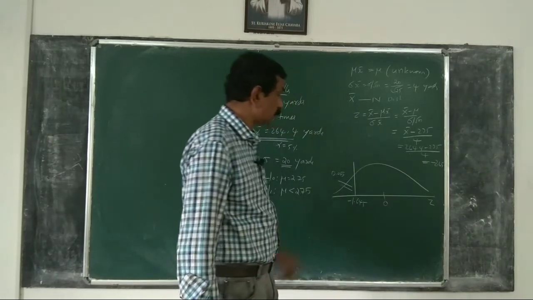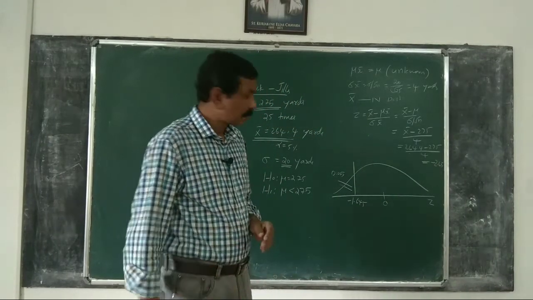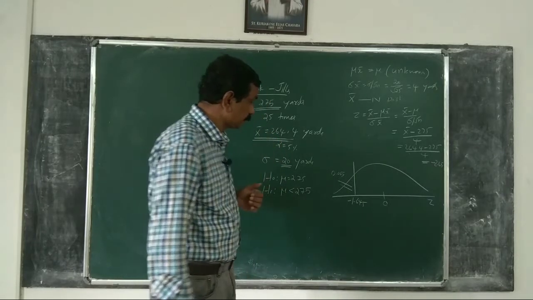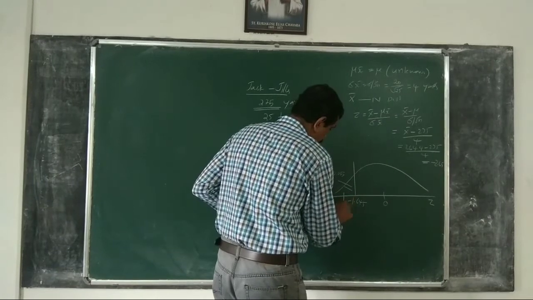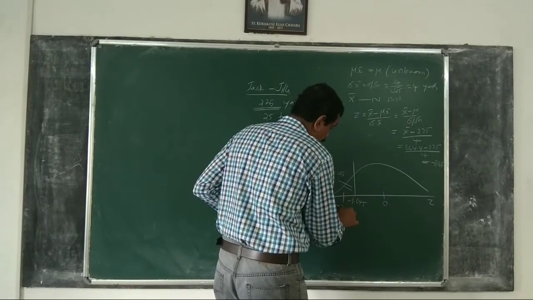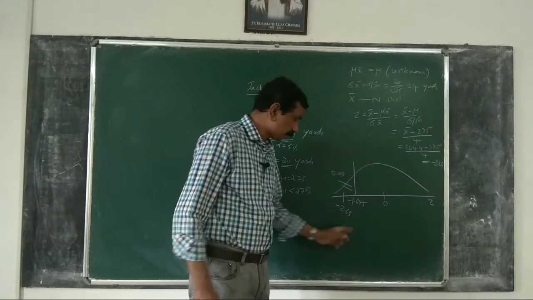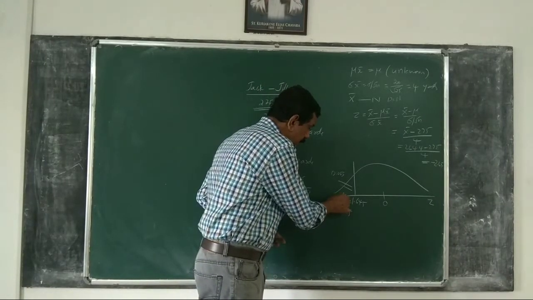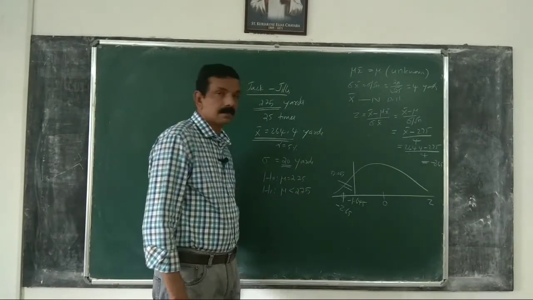Minus 1.645. And as we know, the value of Z is equal to minus 2.65, not 265, minus 2.65. It is in the critical region. So the null hypothesis is rejected.